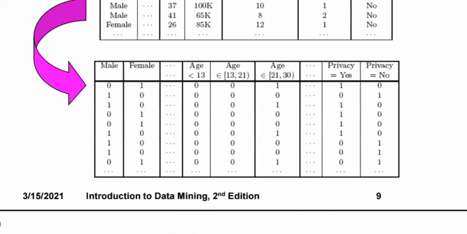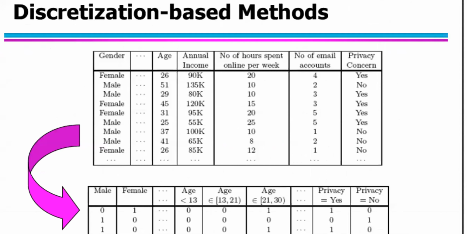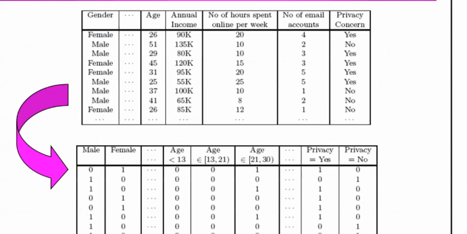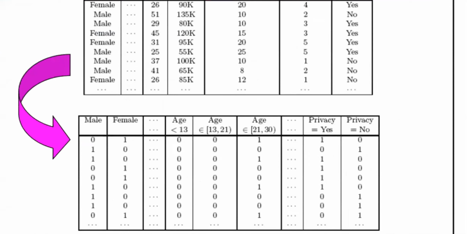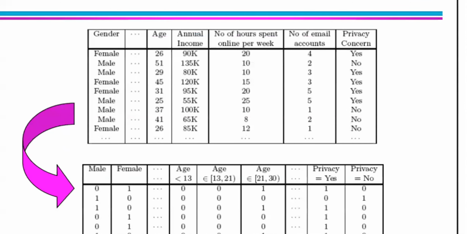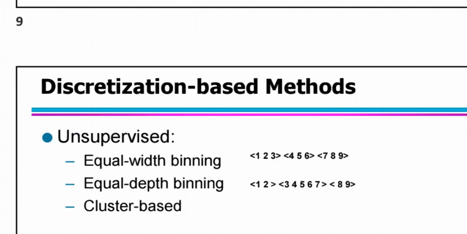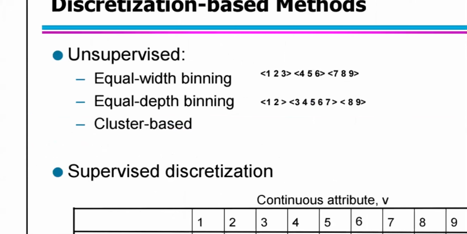Age is less than 13, between 13 and 21, and 21 and 30. Privacy concern is yes or no. This is the binarizing of the actual data, which we convert in the discretization based method. There is supervised and unsupervised discretization.